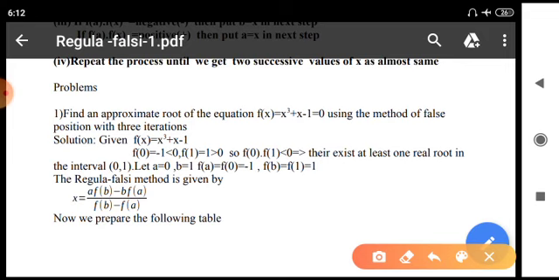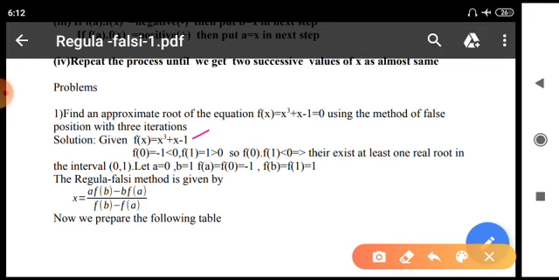First we will write the given data. f of x is x cube plus x minus 1. Now, dear students, we have to find the interval. How to find the interval? What is the condition? We have to get the product of f of a into f of b less than 0.